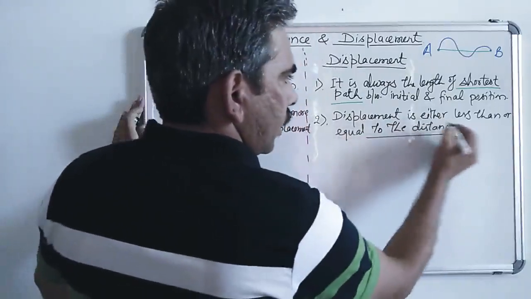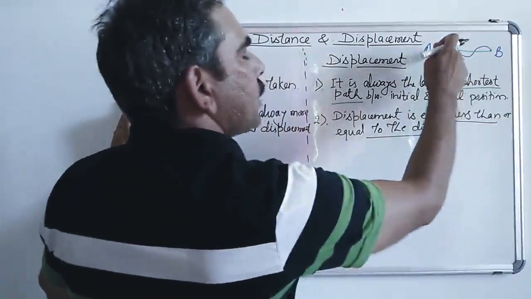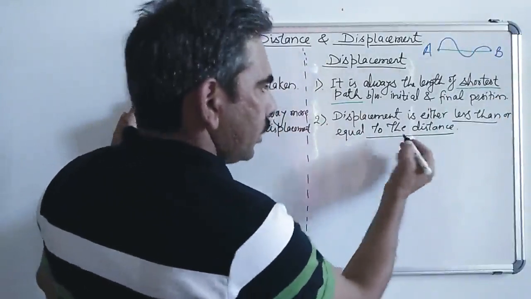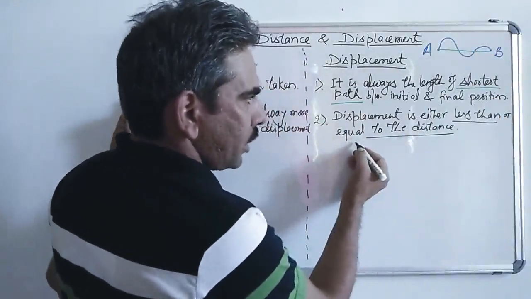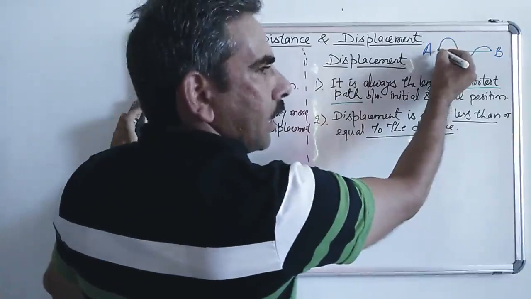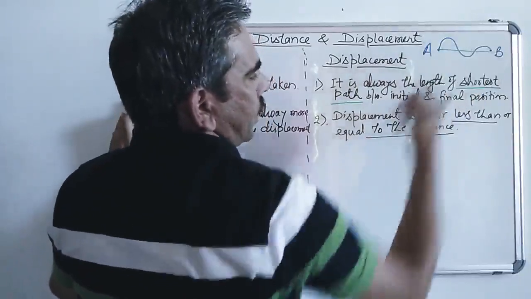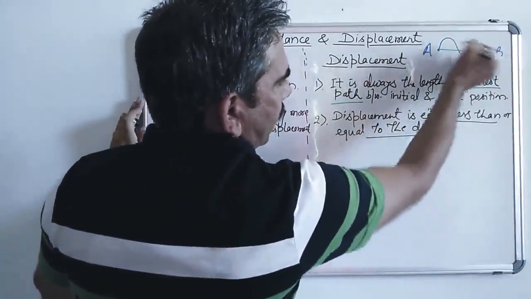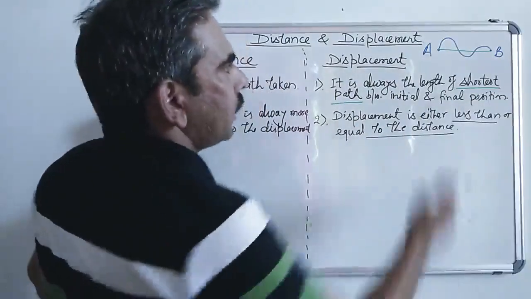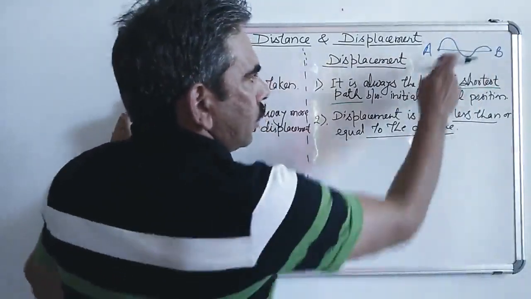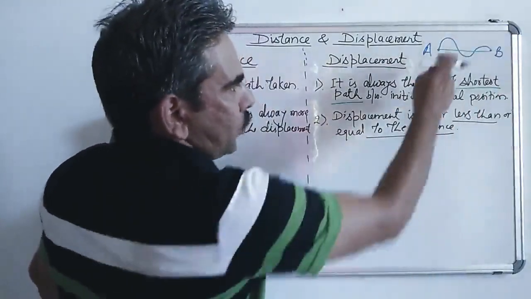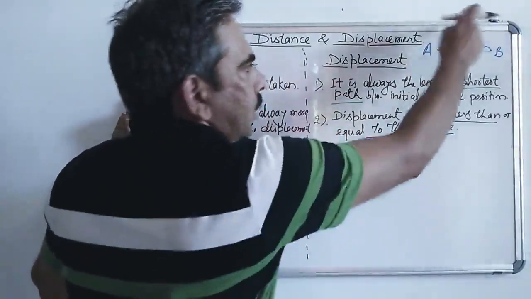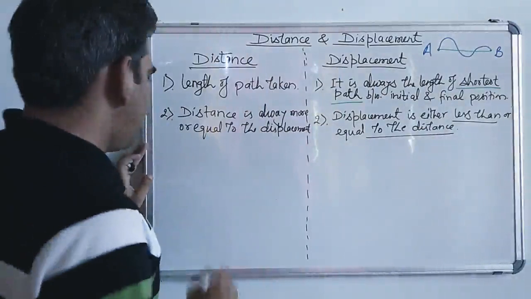The displacement always becomes shorter if the journey follows any path other than the straight line path. If the journey follows another path, for example the blue line we are drawing here, then this distance is always more than the straight line distance. So displacement, which is only the shortest distance, is always less than the distance. This is the second point of difference.